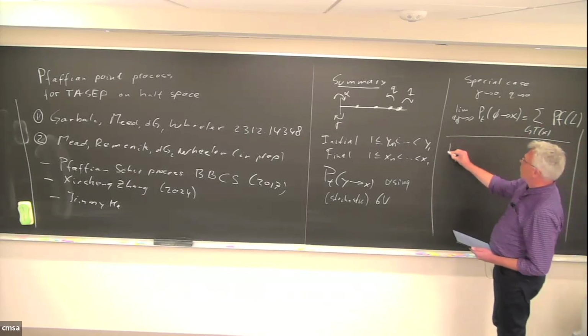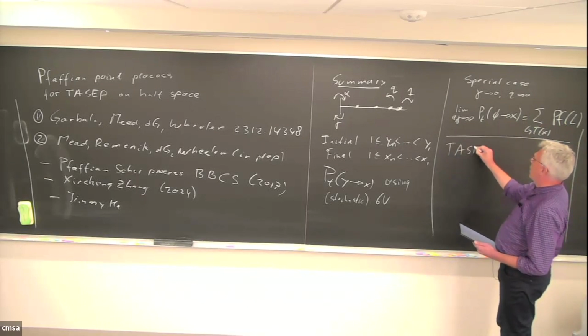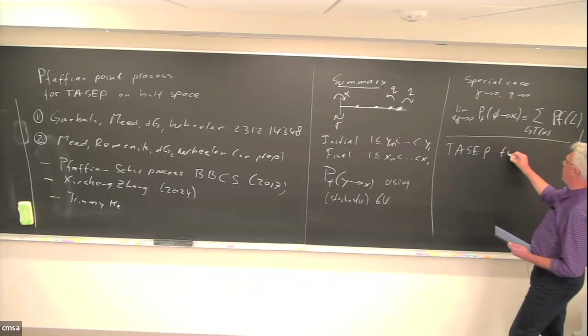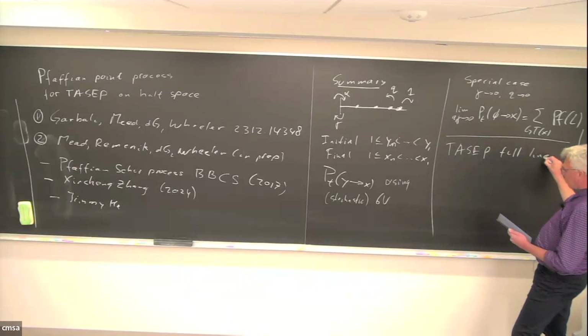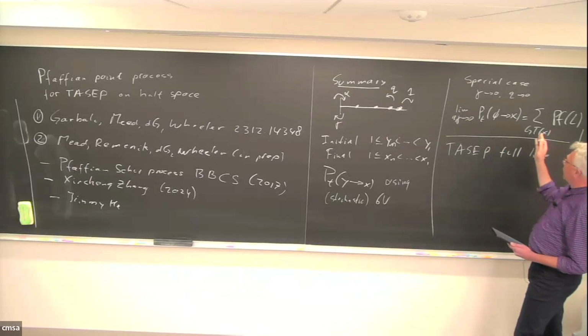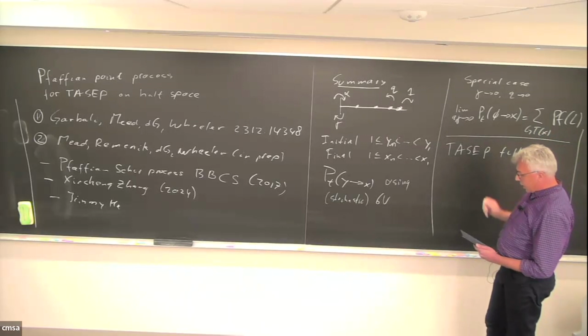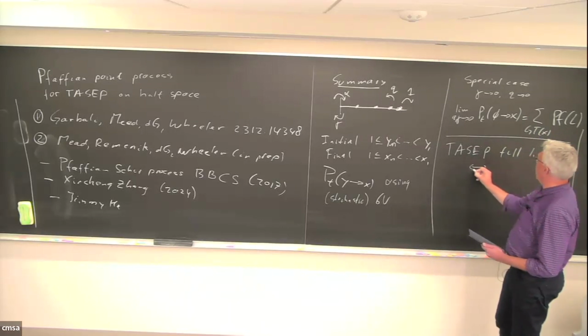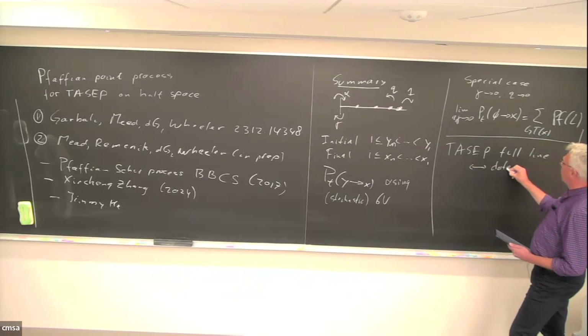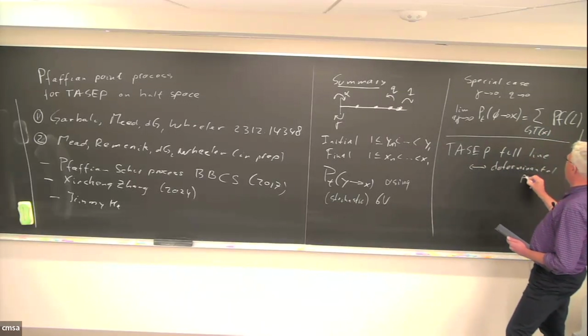So of course, this is in complete analogy with TASEP on the full line, where a formula like this was derived by Tomohiro Sasamoto. So this is in relation to a determinantal point process.